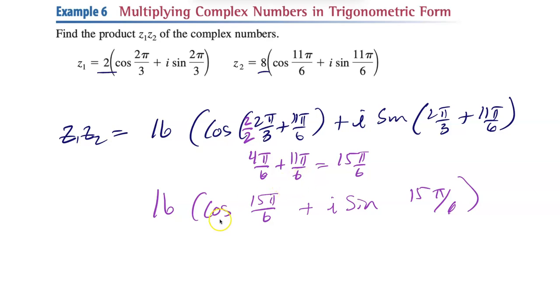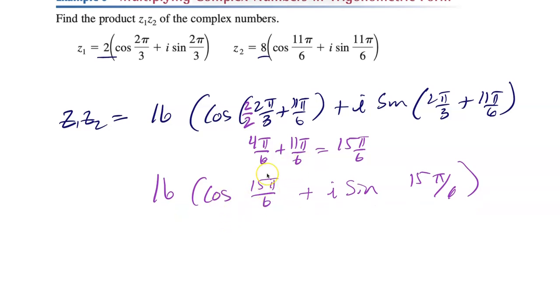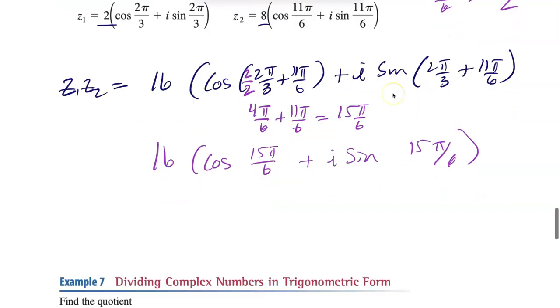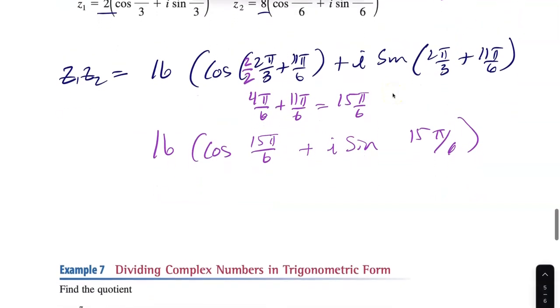Now, you probably want to simplify it. 15 pi over 6, that does reduce, right? 15 pi over 6 divided by 3 gets me 5 pi over 2. That we could graph. 5 pi over 2 is on the unit circle. Here's 0, here's pi over 2, 3 pi over 2, right?